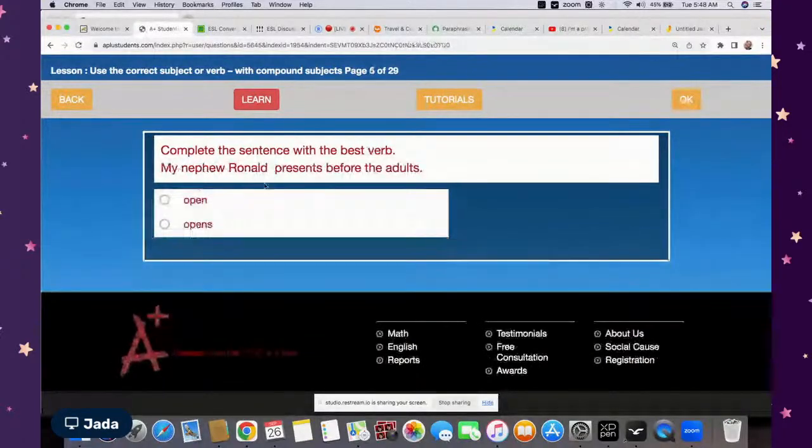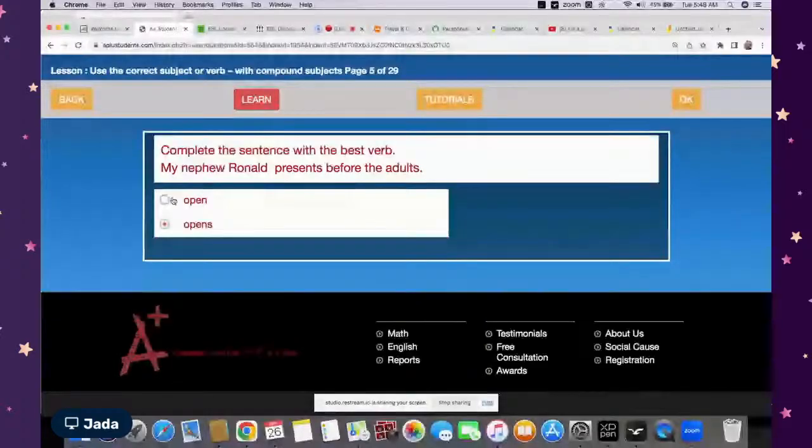Now we have this one. This will be the last one before you all ask a question. "My nephew Ronald dash presents before the adults." My nephew Ronald. So is it gonna be open or opens?